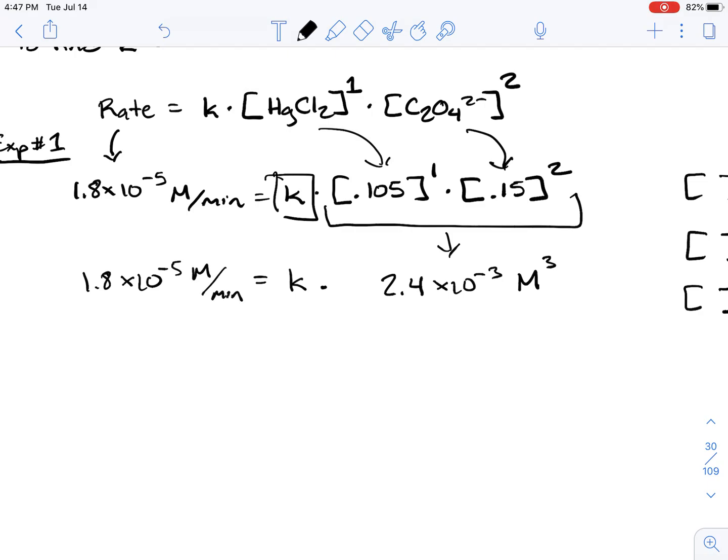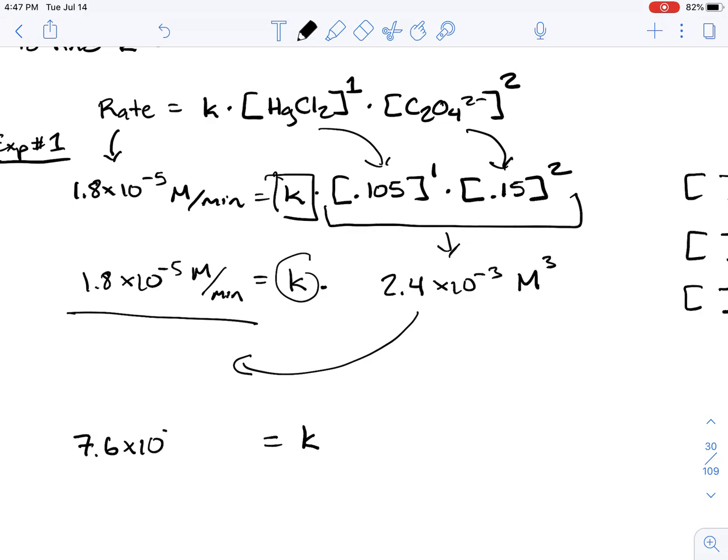Okay. And so to solve for K, I'm just going to go ahead and divide this. And so I have 1.8 times 10 to the negative 5, divide this by 2.4 times 10 to the negative 3, molarity to the third. And then that's going to give me a rate constant value, or K, to be 7.6 times 10 to the negative 3.